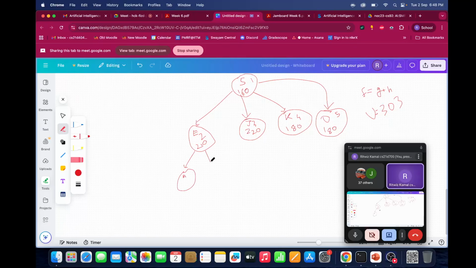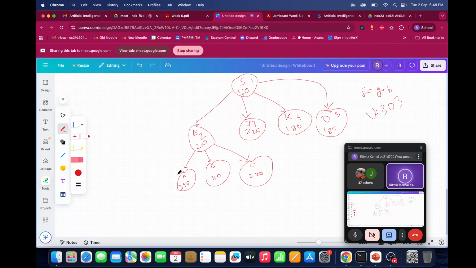So A, B and F. A has cost 350, B has cost 310 and F has cost 280. So here A and B both have cost greater than the upper bound, right?